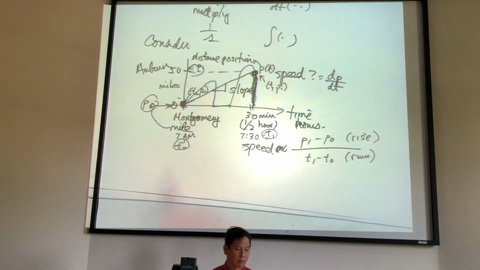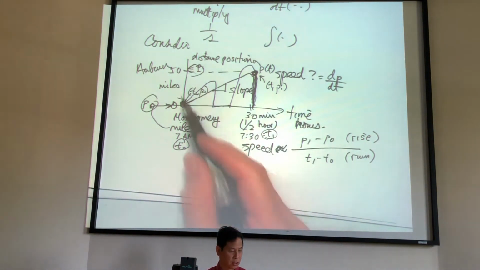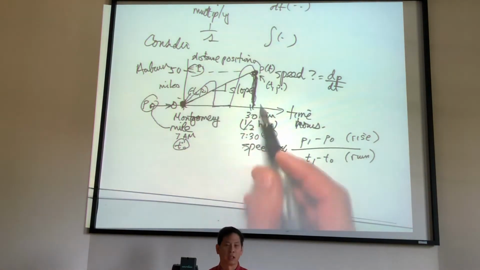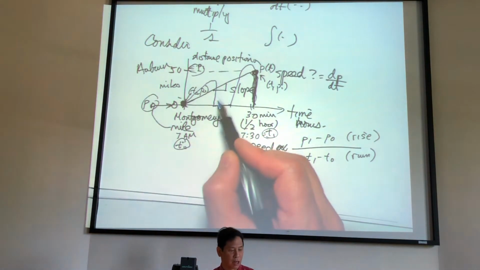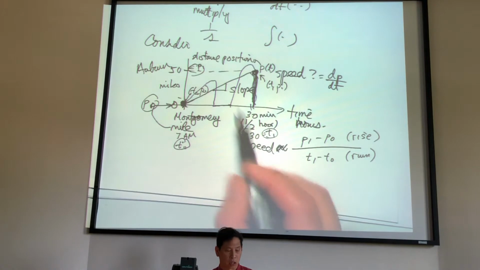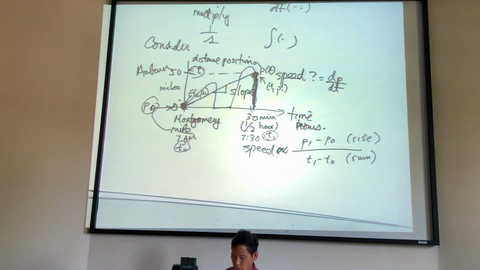Clearly my speed on the road probably far exceeds whatever this is. This is 100 miles an hour, right? 50 miles in 30 minutes, that's 100 miles an hour. But I could have really driven at 120 miles an hour, stopped for a while, and then drove at 150 miles an hour. So it's an approximation because I'm only giving you information here and here.